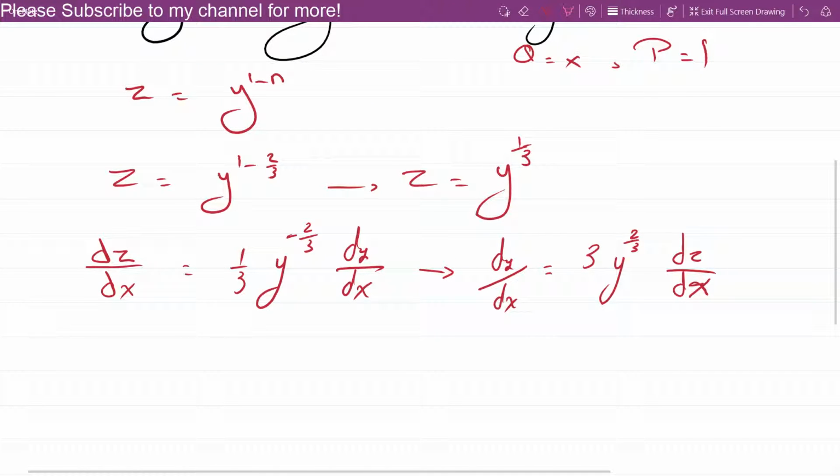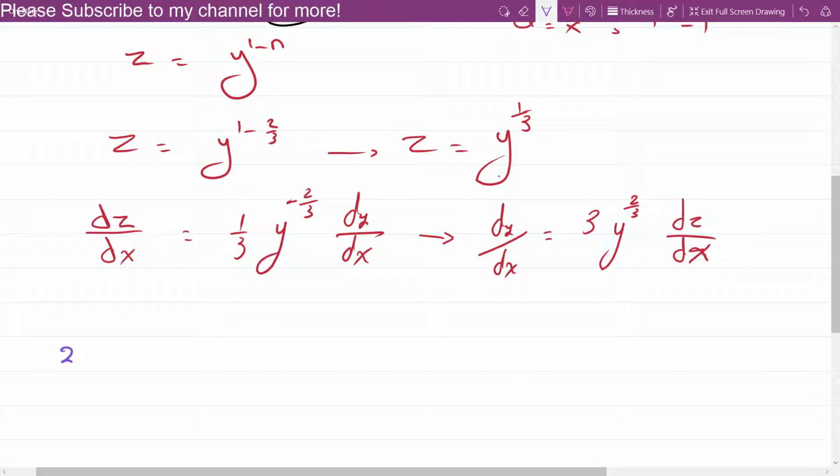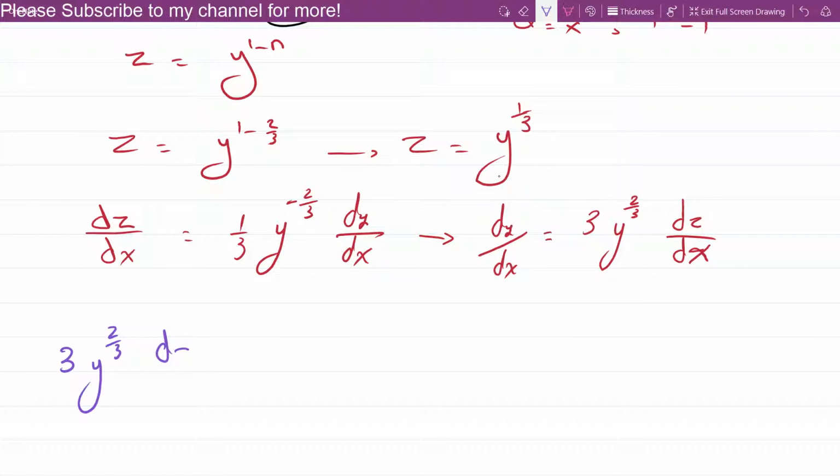So dy over dx, I will plug in what I have. So we will have 3y to the 2/3 dz over dx plus y, I will leave y as y for the time being, equals x.